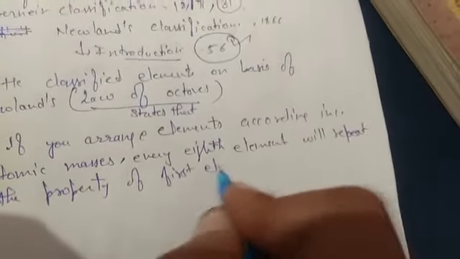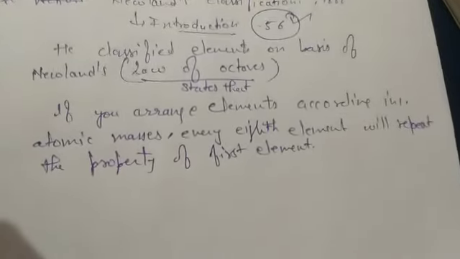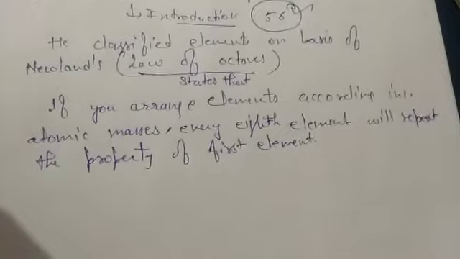This is the law of octaves: when you arrange the elements according to their increasing atomic mass, every eighth element will repeat the property of the first element.